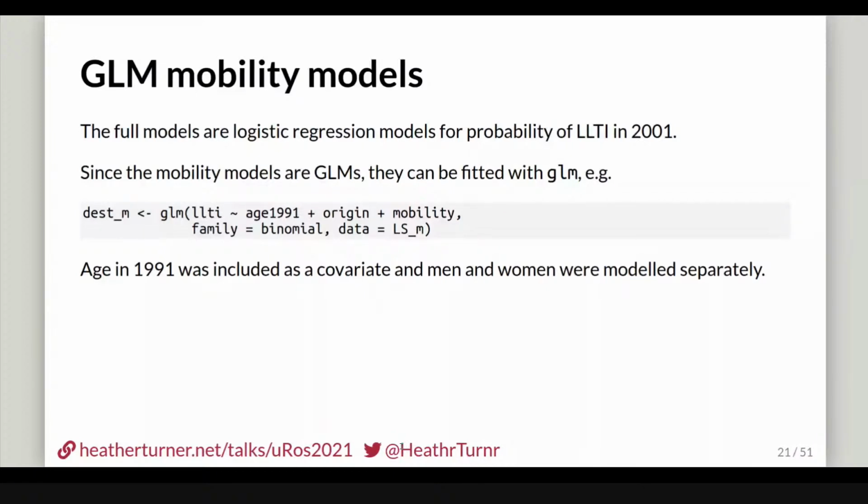Yeah, it's a probability, so we're using the binomial family, and in this case we modelled men and women separately, so that's why I've got the underscore M there for men.